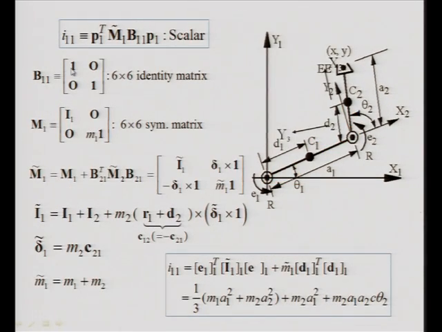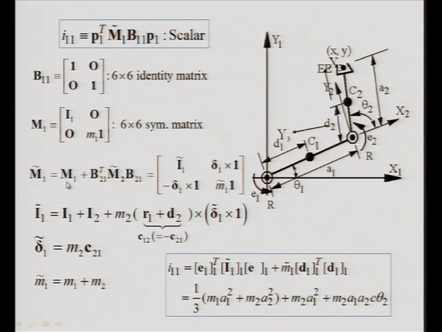So, finally, the complex term in this expression will be I11, the longest one. I11 is P1 transpose M1 tilde B11 P1. Whenever there is a repetition of subscripts here for B, it will be identity. So, B11 is an identity matrix here. Now, here I wanted to explain M1 tilde, what does it mean?